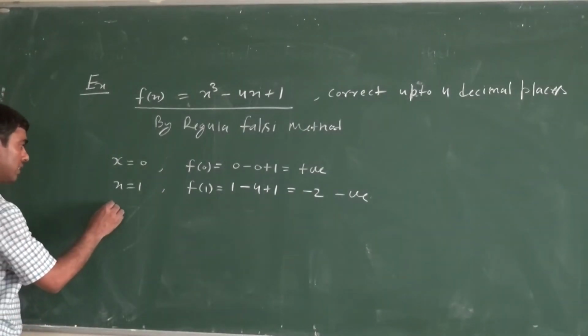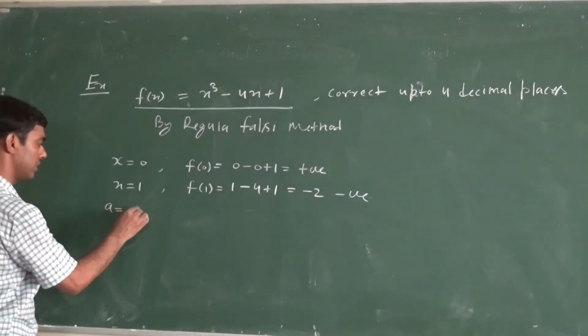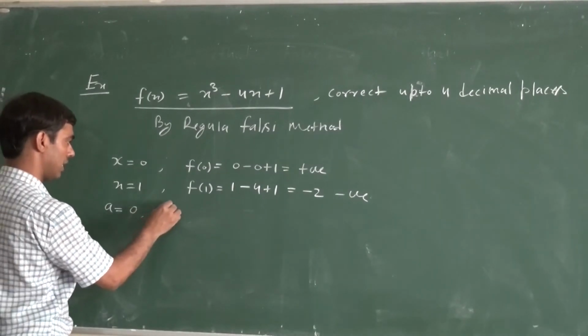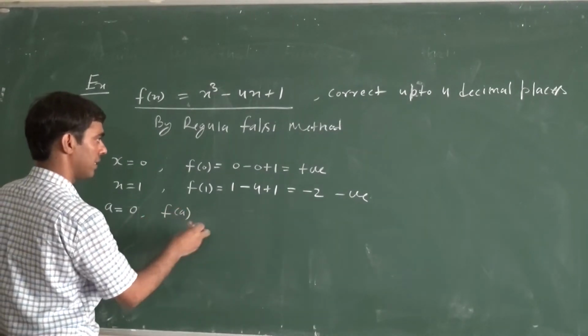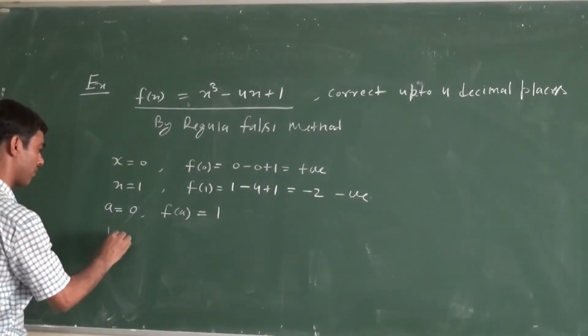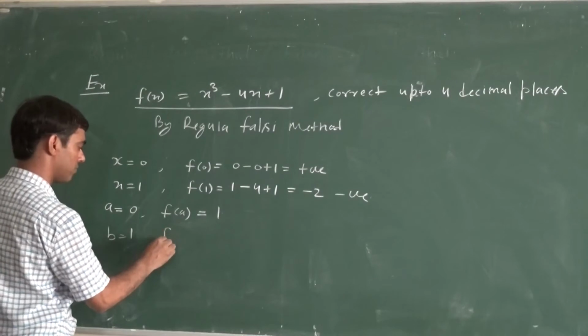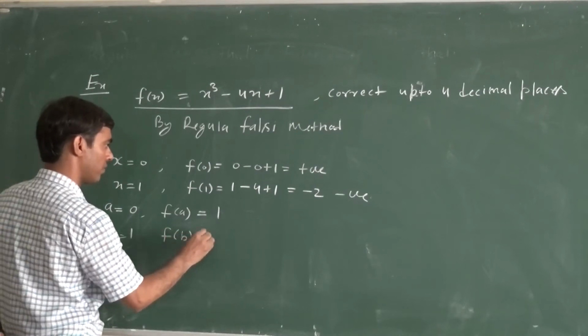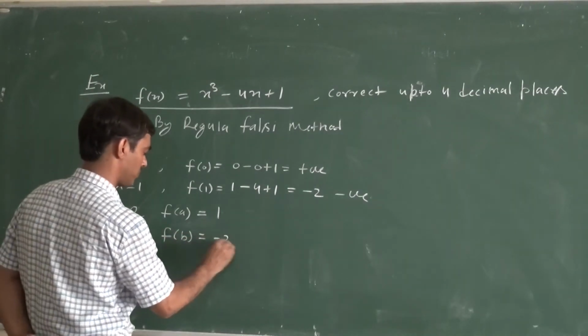Now suppose we denote a equals 0 and f of a equals 1, and b equals 1, f of b equals minus 2.